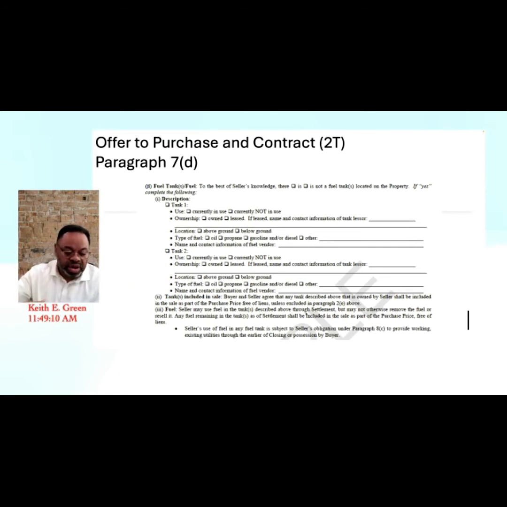If they submit an offer, make sure you can counter it by saying, hey, I have this amount of gas or fuel in this tank, so you need to pay for that, buyer, if you're going to buy my house. So you can negotiate that within the offer. But you cannot remove the oil or the fuel or otherwise sell it or have the gas company come back out and take it out. That's unacceptable.